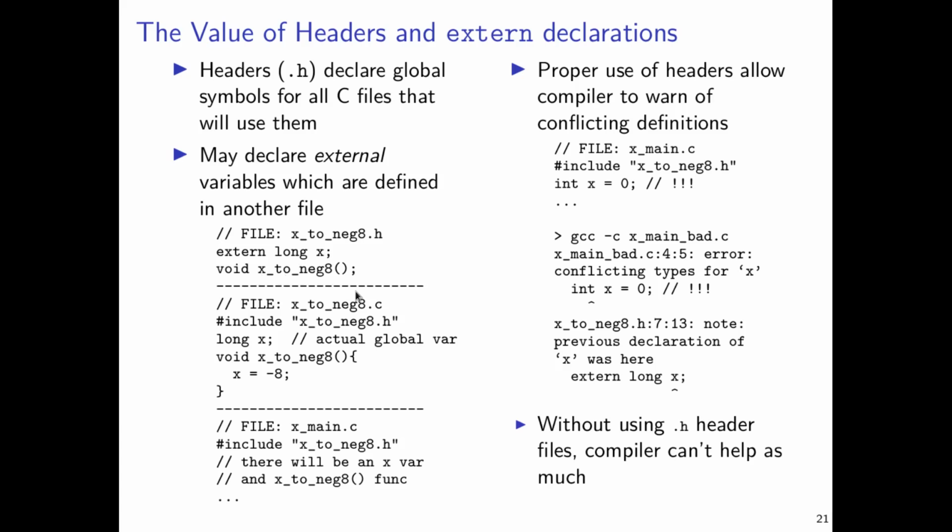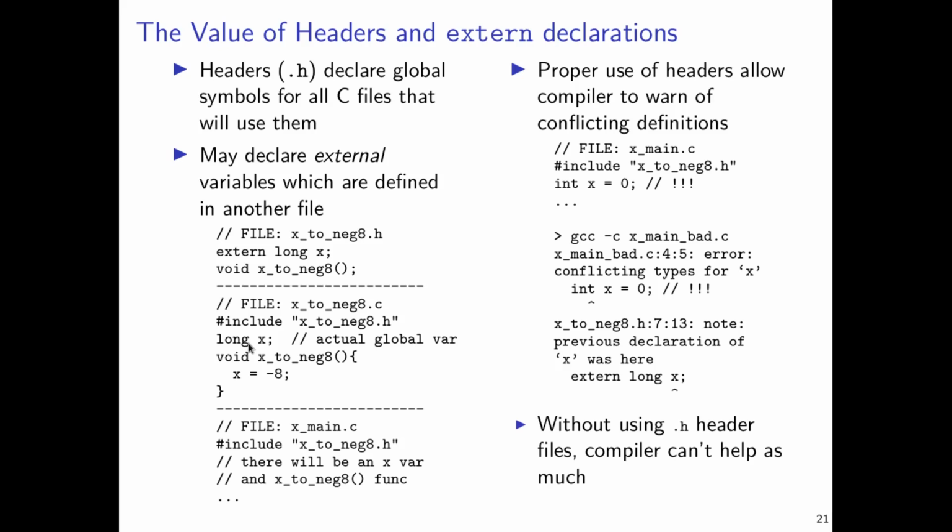The typical approach in your C files is you #include this header file, which will insert this bit of code at the top and say, yes, there's going to be a function, and yes, there's going to be a value called x that's 8 bytes long. If it happens to be the C file where those two things are defined, there's just a little bit of redundancy, but you are at least able to verify that everyone else thinks this is going to be a long, and indeed my definition for x is going to be long as well.